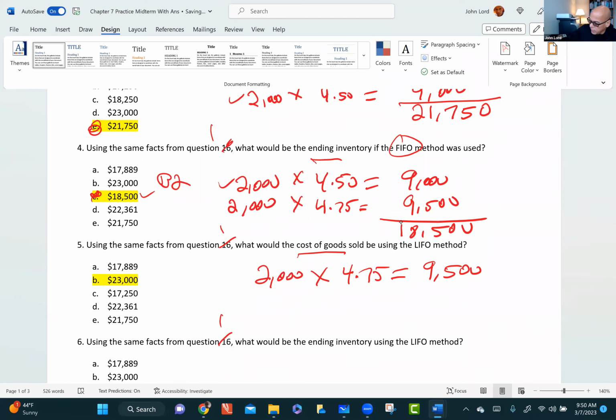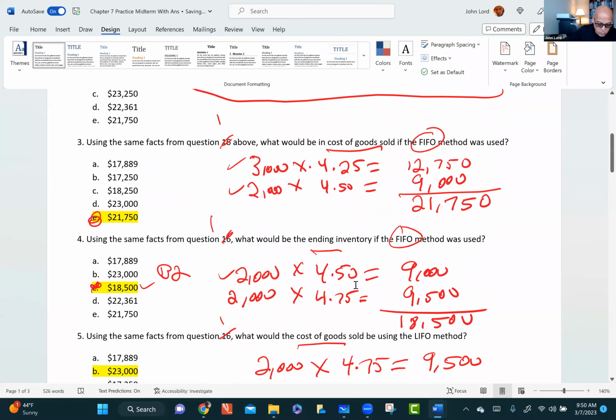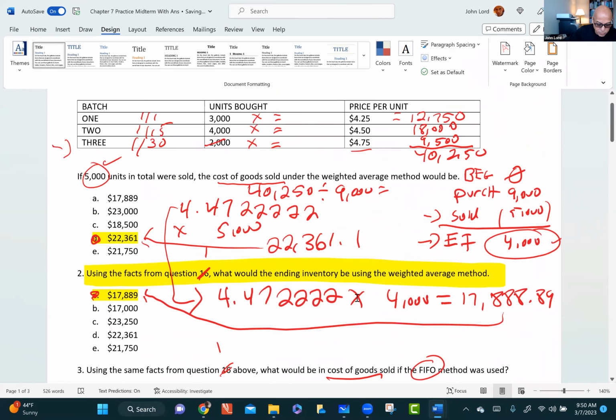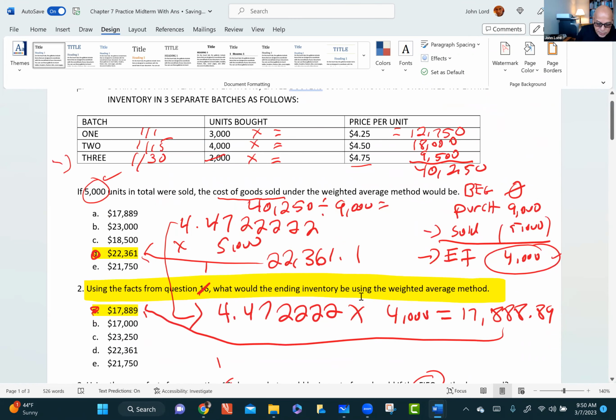Then I need another 3,000 units. When I look at my table up here, I can take all 3,000 from here because I have at least 4,000 available. So I'll sell 3,000. There'll still be 1,000 of those left after I take the 3,000 from there.